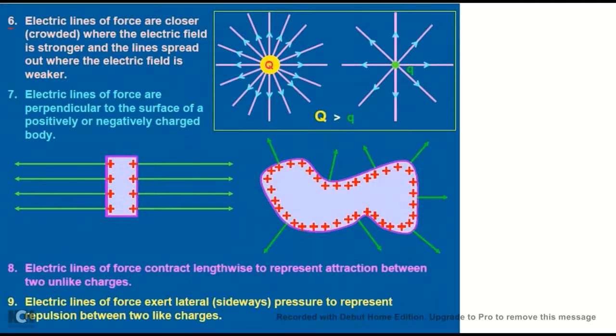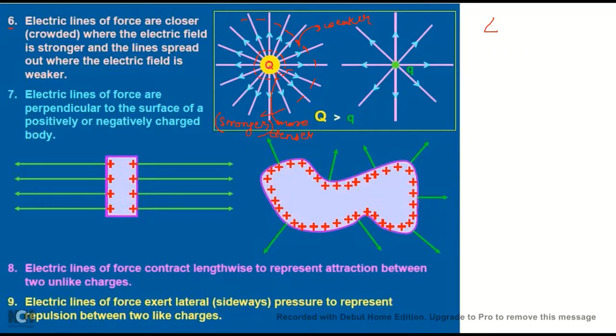Next, coming to the 6th point, electric field lines that are closer, closer to the charge, will have more density. The more the density, students, the more the strength, so they will be stronger, right? But coming to the electric field lines which are farther, they will be more separated, or they will have some separation between them, so they will be weaker.